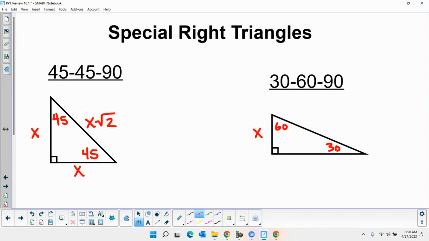What do we say the hypotenuse was with that? Double, 2x. What do we say the long leg was? X radical 3. All right? So remember that. You should know that. That's going to help you on the problems that are like that.